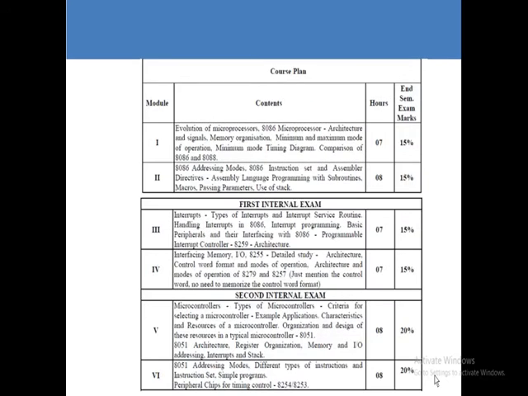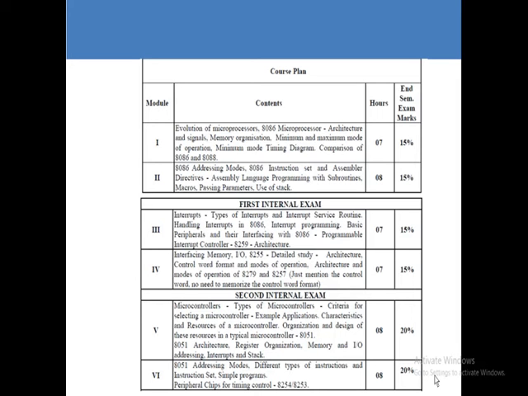There are 6 modules in this course. The first module describes the evolution of microprocessors, the 8086 microprocessor and its organization, and the main differences between the 8086 and 8088. The second module explains the addressing modes and instruction set of the 8086. The third module explains interrupts, the different types of interrupts, and how interrupts are handled by the 8086.